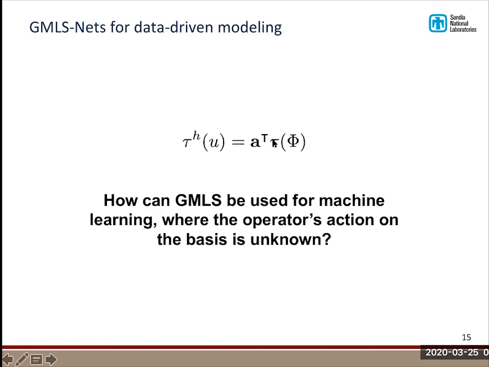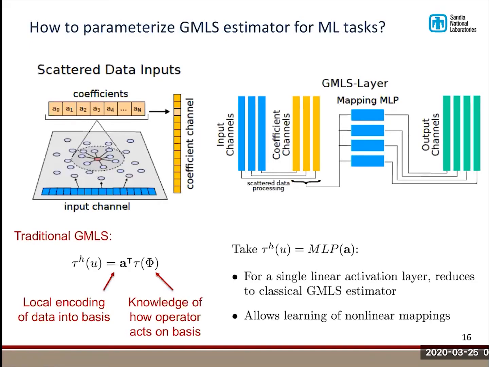What we're going to do now is parameterize this tau of phi function. The way that works is we take our data and solve this GMLS problem in order to extract the coefficients.